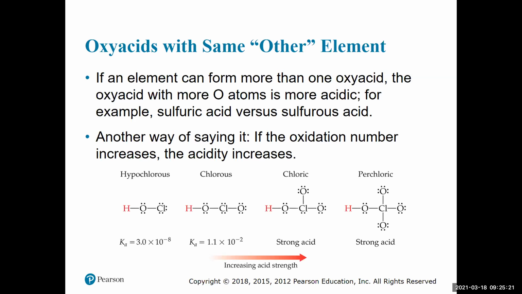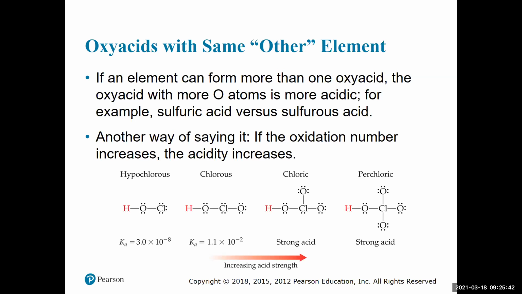So the rule with these kind of oxyacids, where it's basically the same stuff in there and you're just adding an oxygen, all you need to remember is the more oxygens, the stronger the acid. If you want to remember about oxidation numbers and calculate oxidation numbers, feel free.